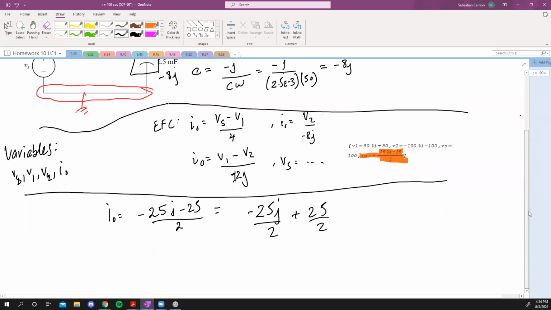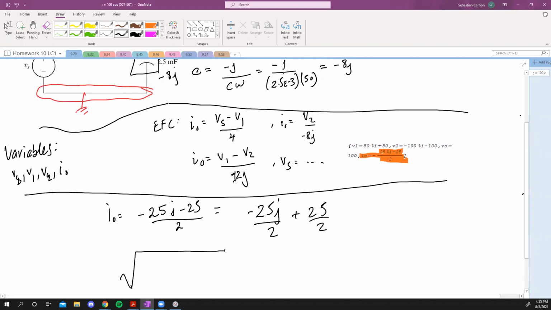So now we want to find the amplitude. We want to solve for I naught and put it in terms of cosine, right? So we want to find the amplitude.